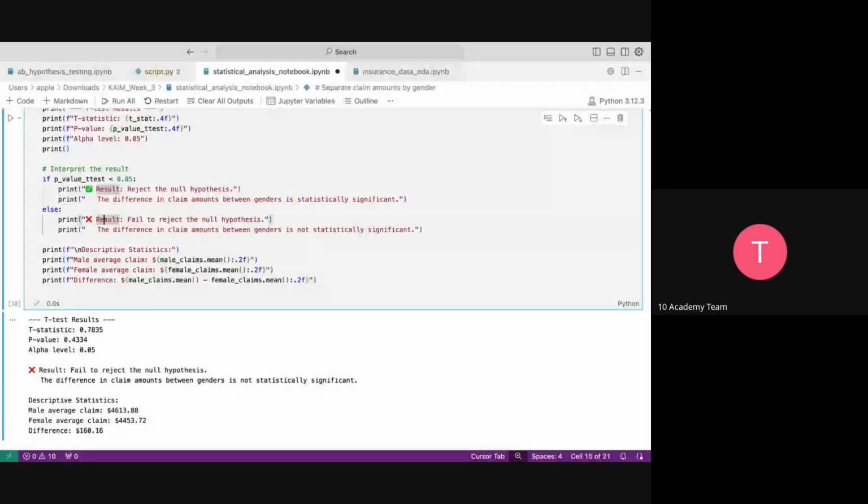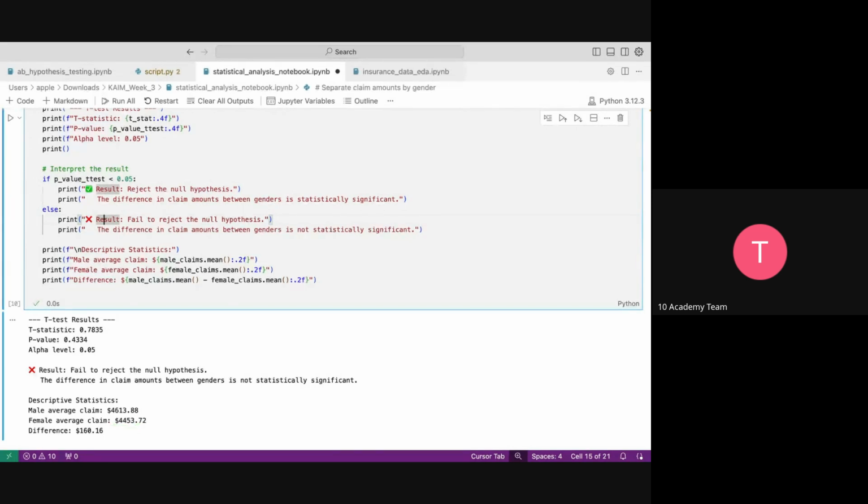So this would mean that the difference between the female and the male total claims is not statistically significant. To just build up on that, the average male claim is 4,613.88, and the female claim is 4,453.